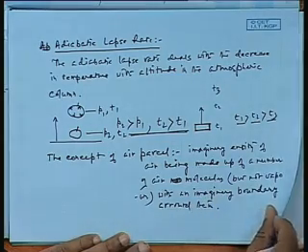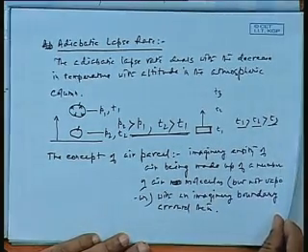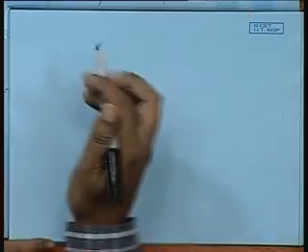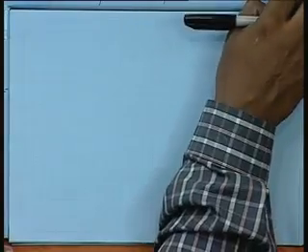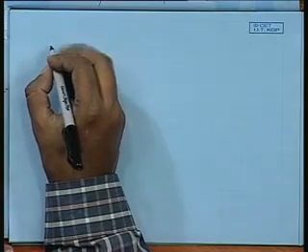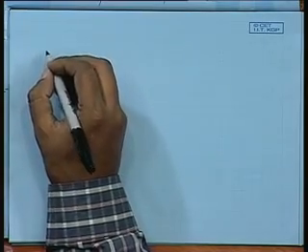So, here we are trying to understand this from the adiabatic lapse rate. Now, how can we find out the rate at which the temperature changes along the altitude?